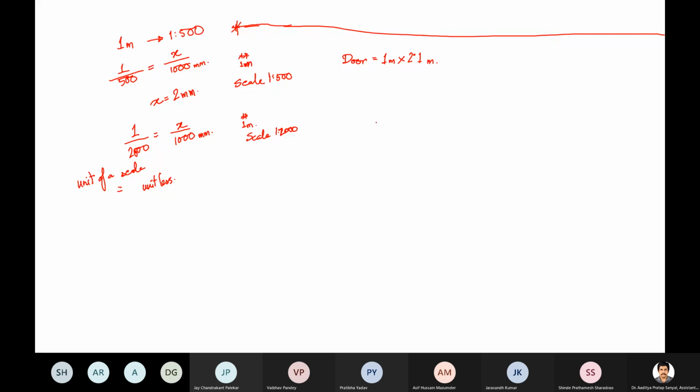Okay. So how much will it be at a scale of 1:10 on your piece of paper? One meter at a scale of 1:10, how much will it appear to be?